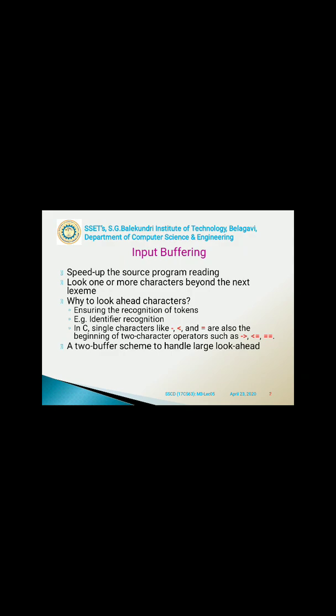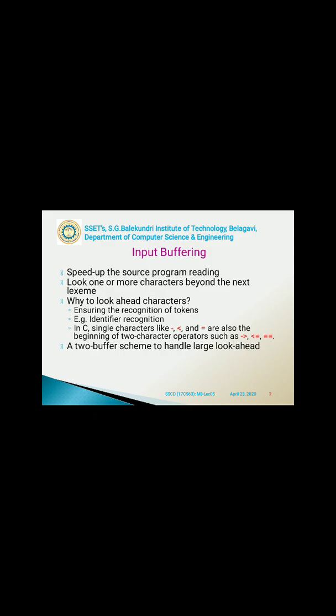Even the less than symbol can be followed by one more character, it could be less than or equal, and for assignment, it could be an equality operator. If you want to check whether two variables or two objects are equal, then you can check it with the equality operator.